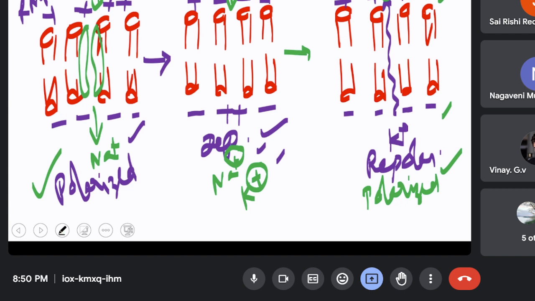Why? In a polarized membrane, there is positivity outside and negativity inside, but the positivity is caused by sodium ions that are present outside. In repolarization also there is positivity outside and negativity inside, and this positivity outside is caused by potassium ions that are present outside.